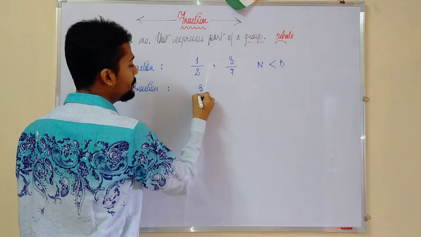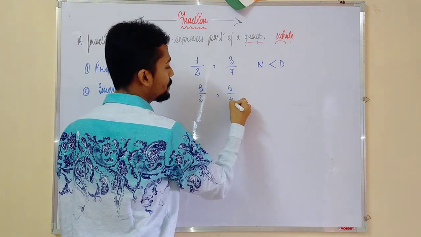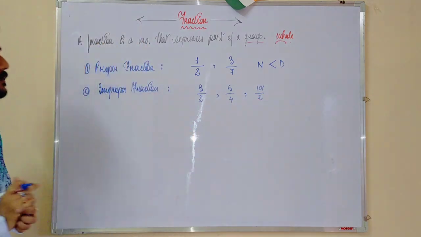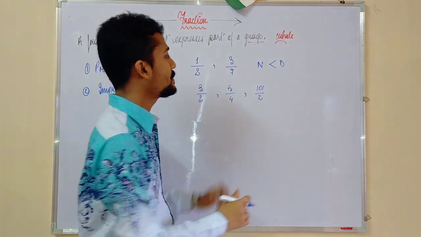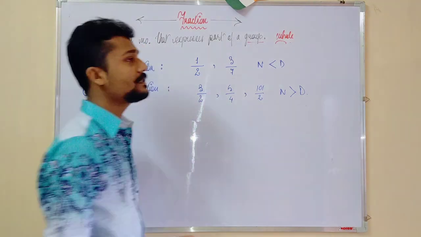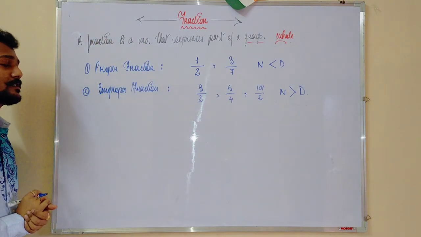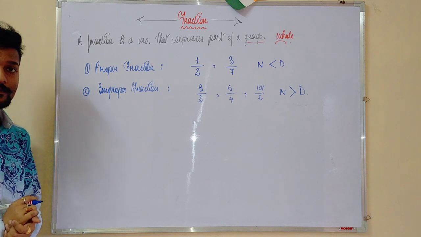If I write 3 by 2, 5 by 4, 101 by 2, if you see carefully, in these fractions the numerator is greater than the denominator. That means the numerator is greater than the denominator. Then this type of fraction is known as an improper fraction.